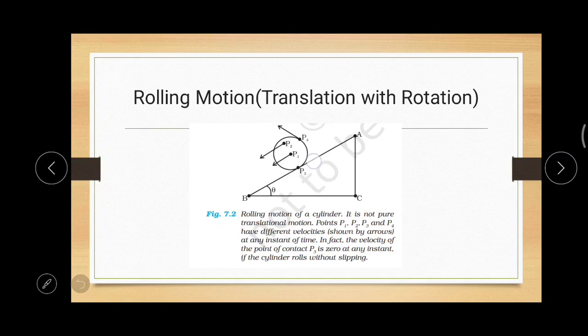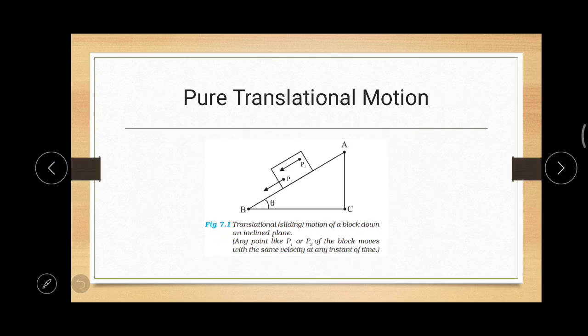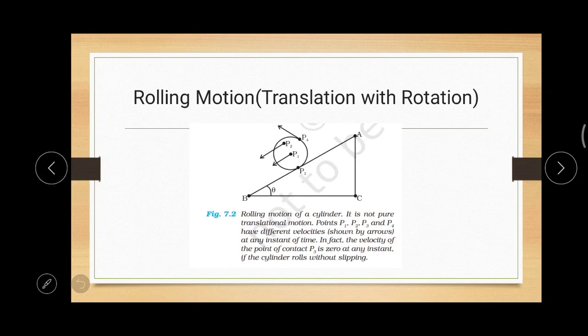Here the particle at point P3 has a velocity of 0, whereas P2 and P1 have the same velocity. The magnitude at P4 may be the same, but the direction is different. The direction of the velocity of the particle at P4 is along the tangent at that point. So in rolling motion, the velocities of the particles are different.